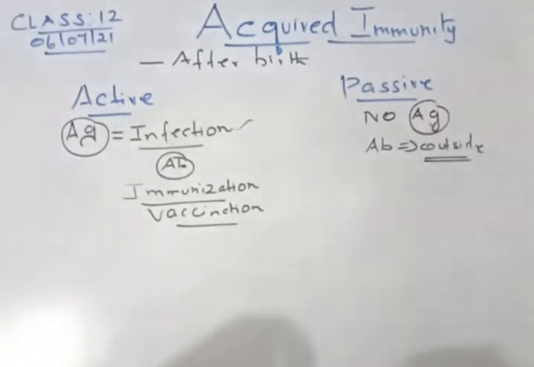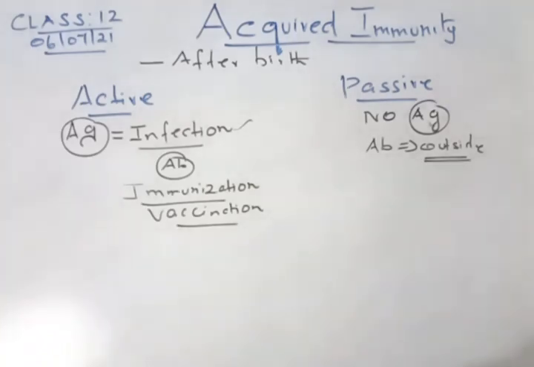Even in this passive immunity, mother's milk is a very good example of passive antibody. Mother's milk has more antibodies. When the mother feeds the infant, the antibody will be taken into the infant's body. So that kind of antibody is called passive antibody, whereas active antibody is activated only after the antigen has been encountered.